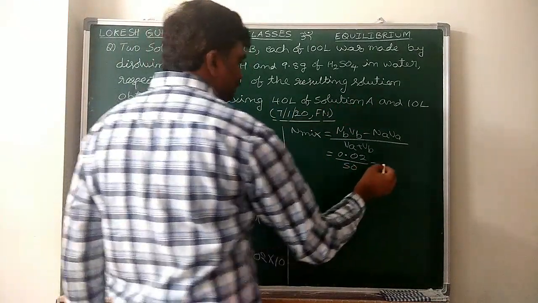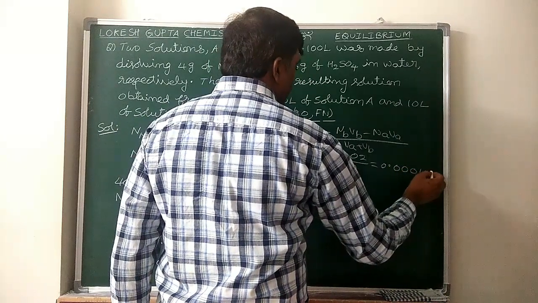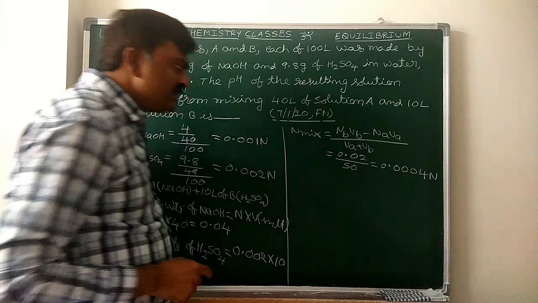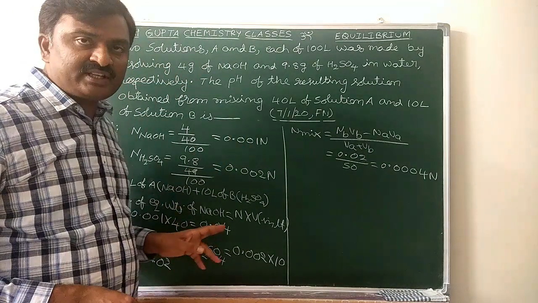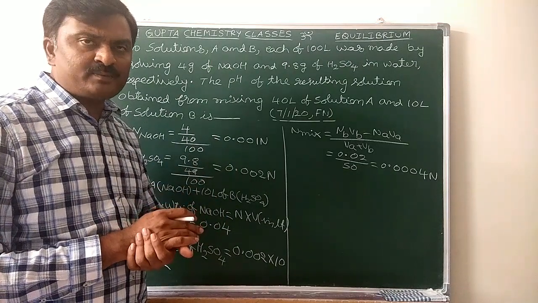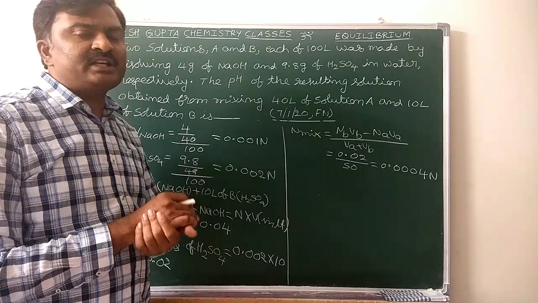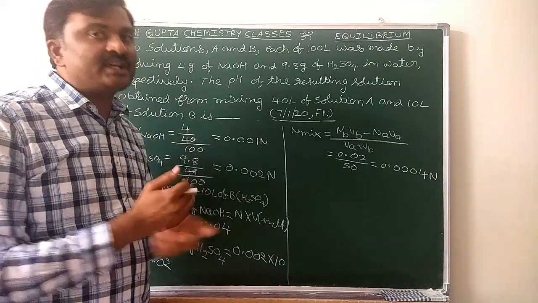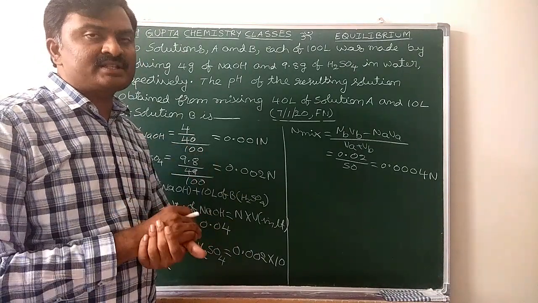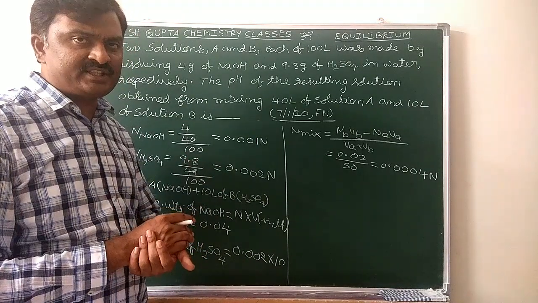This is equal to 0.0004 normal. This resulting mixture is basic, NaOH, a strong base, which undergoes complete ionization. The normality of the strong base is numerically equal to the molar concentration of OH minus ion. Why? Because they undergo complete ionization.